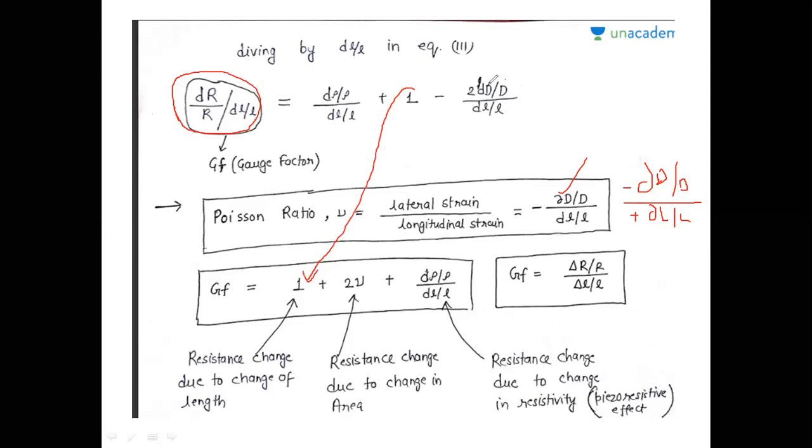Minus 2 into dou d by d by dou L by L, and minus dou d by d by dou L by L means Poisson's ratio V. So 1 plus 2V plus delta rho by rho by delta L by L. This is the main formula.